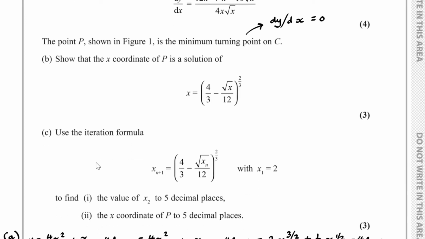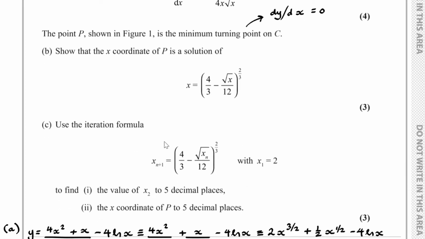For part C of the question, we have to use this iteration formula, xn plus 1 equals 4/3 minus square root of xn over 12, to the power of 2/3, with x1 equaling 2, to find the value of x2 to 5 decimal places, and then the x coordinate of p to 5 decimal places.